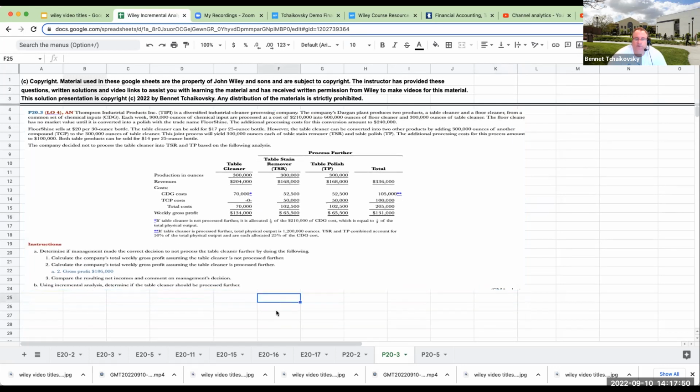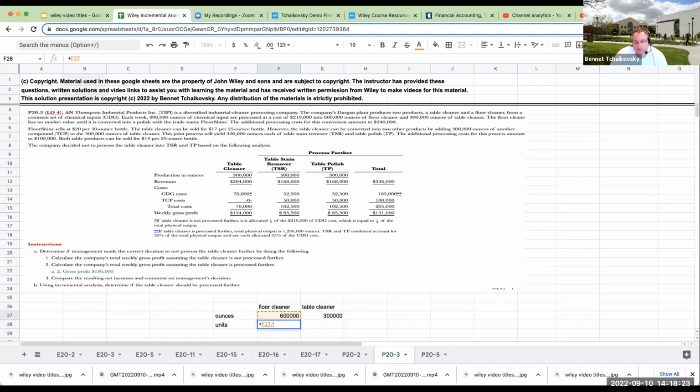In their current business right now, they have a floor cleaner and they have a table cleaner. The ounces for the table cleaner are 300,000. The number of ounces for the floor cleaner are 600,000. The units being sold for the Floor Shine: it sells at $20 per 30-ounce bottle.